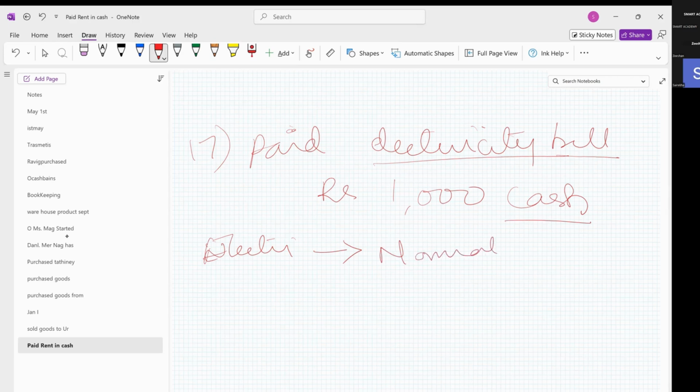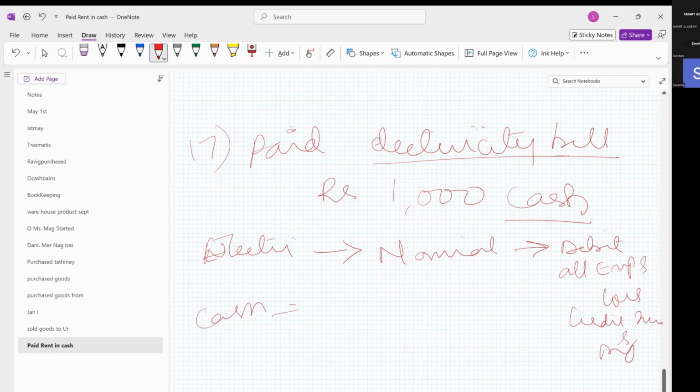Nominal account rule is debit expenses and losses, credit income and profits. And cash belongs to real account. Real account rule is debit what comes in, credit what goes out.